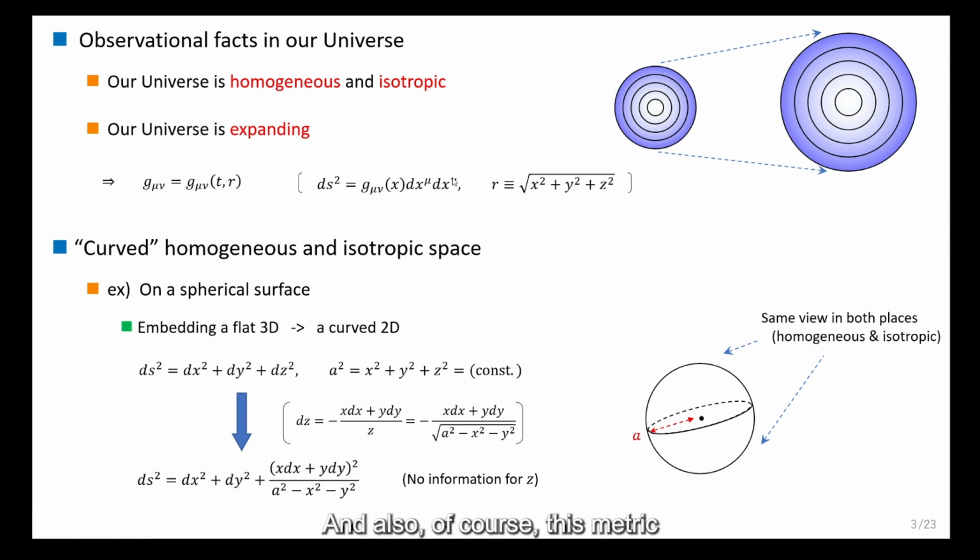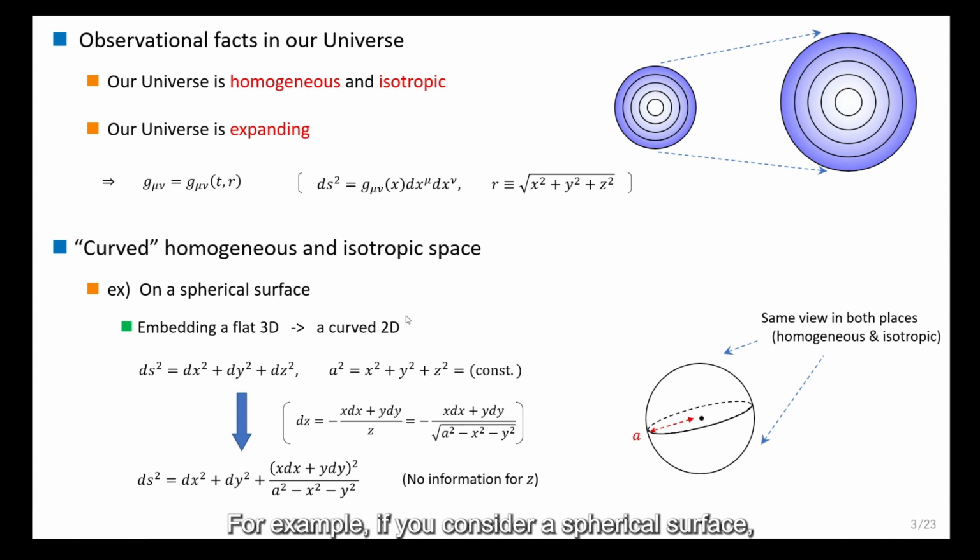Of course, this metric depends on the time and radius, but it doesn't depend on the angles. This homogeneous and isotropic space is not only flat space; curved space is also possible.